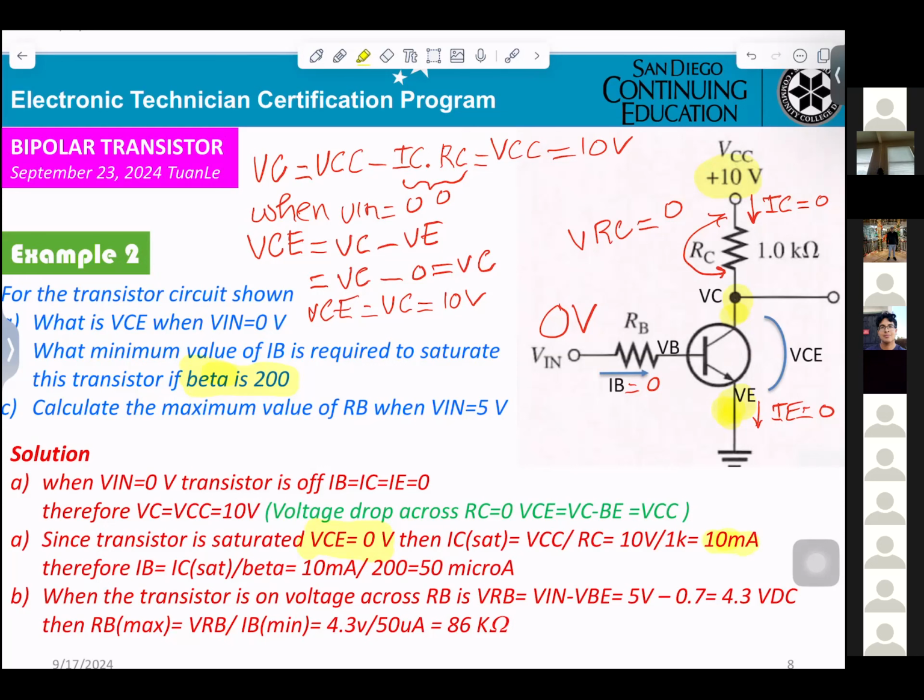IC equals VCC divided by RC, which gives you 10 milliamp. Therefore, IB equals IC saturate divided by beta. You get 10 milliamp divided by beta, 200. So you get 50 microamp. Okay.